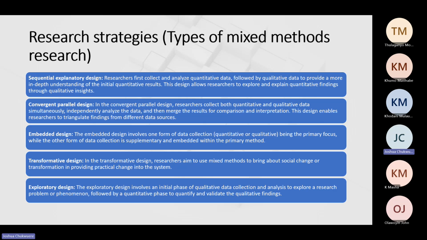Convergent parallel design. In this convergent parallel design, researchers collect both quantitative and qualitative data at the same time, independently analyze the data, and then merge the results for comparison and interpretation. The design enables the researchers to translate the findings from different data sources.